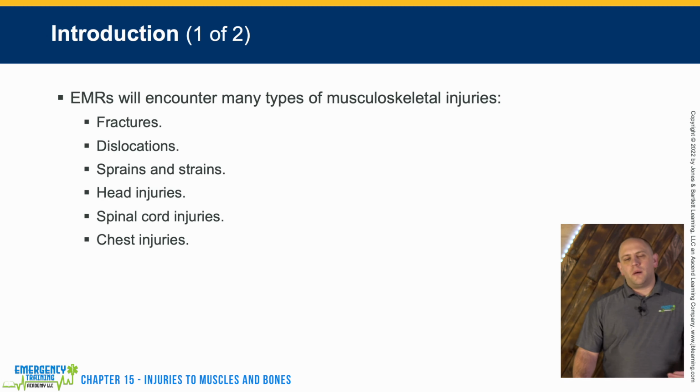This is one of the most common things I feel like we get called for: fractures and dislocations, head injuries, spinal injuries, chest injuries. Our skeleton and our muscular systems are very large systems, and we do a lot of crazy things, so they are often injured.